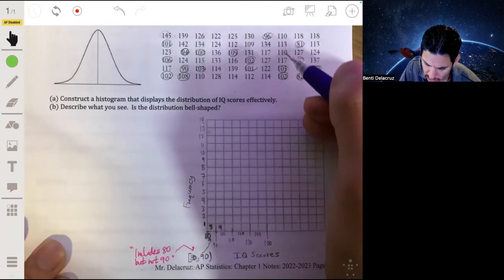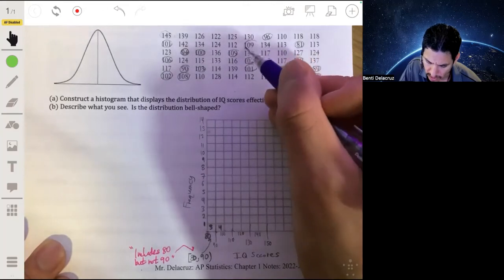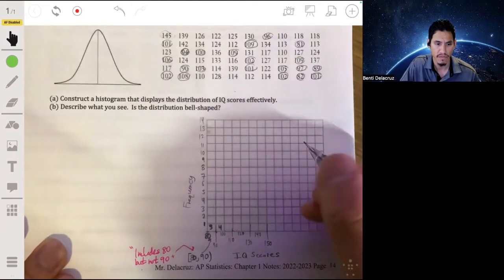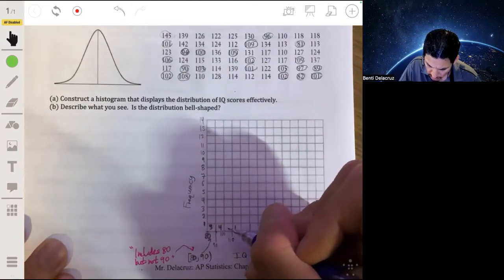Let's make sure I didn't miss one. Oh yeah, and 14. We have 14 in here.